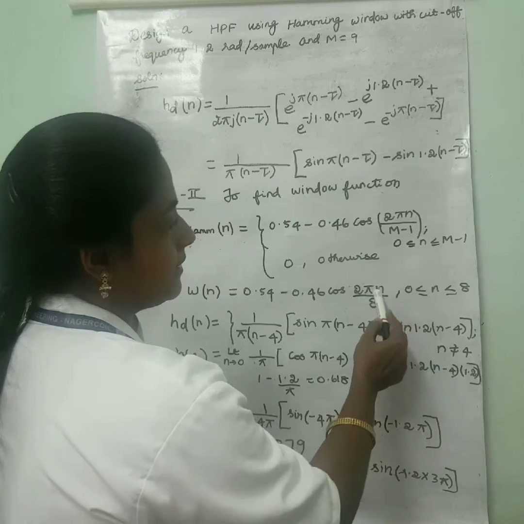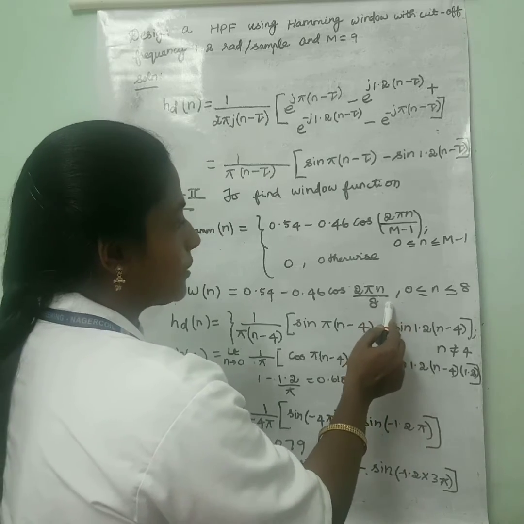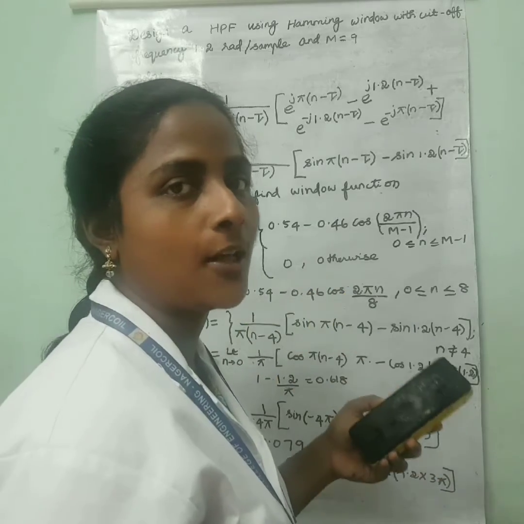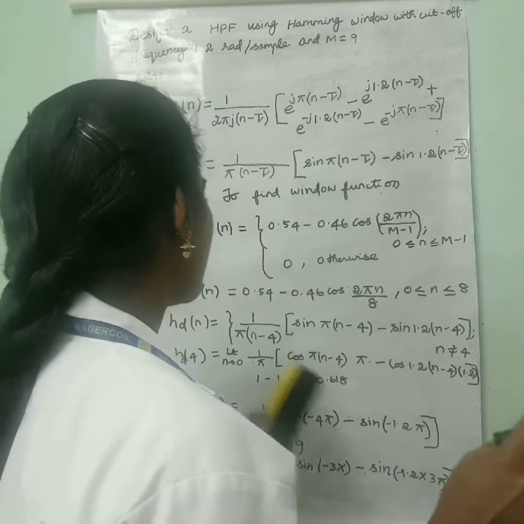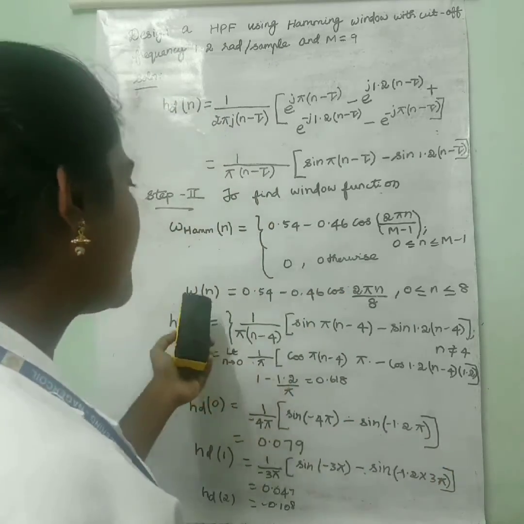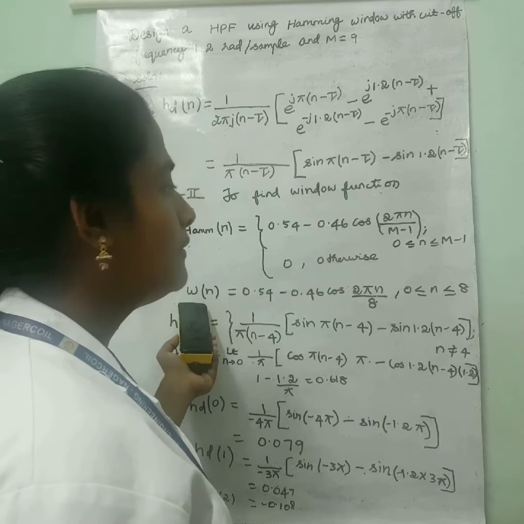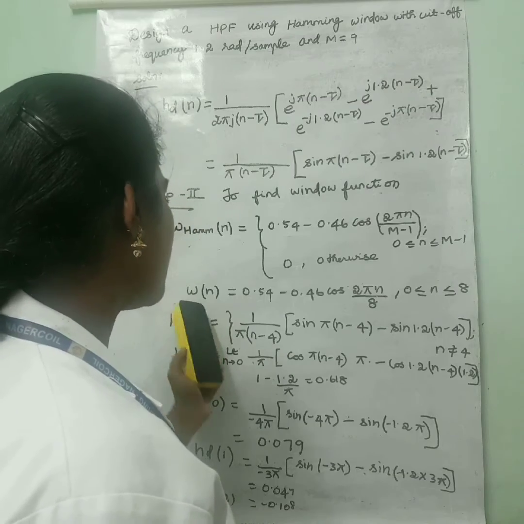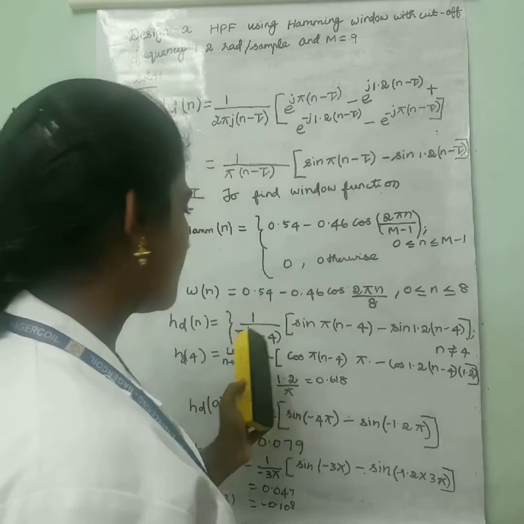So we have to find w(0), w(1), w(2) up to w(8). That is the window function.